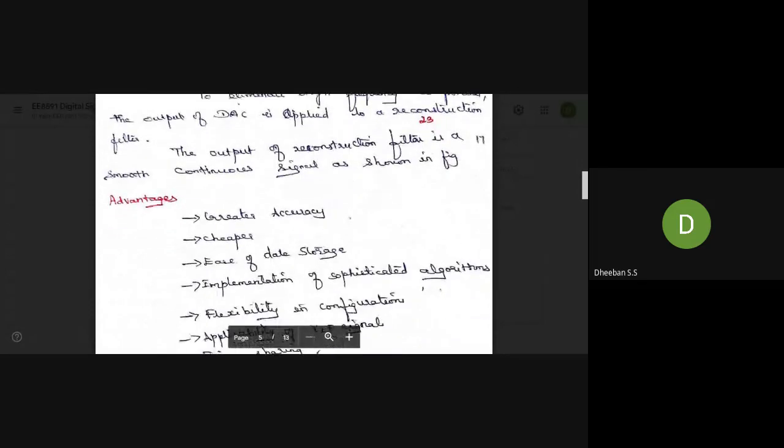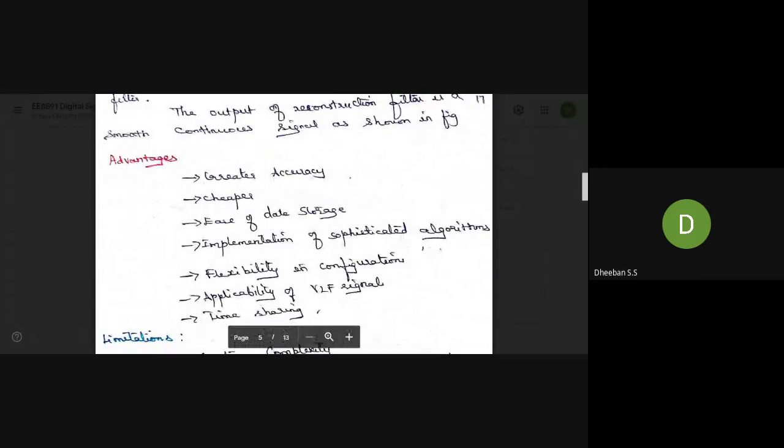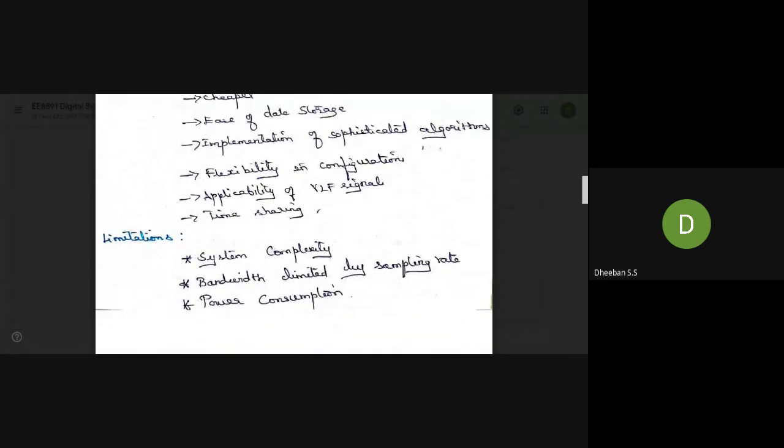The main advantages of digital signal processing are greater accuracy, they are cheaper, and digital data is very easy to store. Flexibility in configuration, time sharing. The limitations are power consumption and bandwidth limitation.